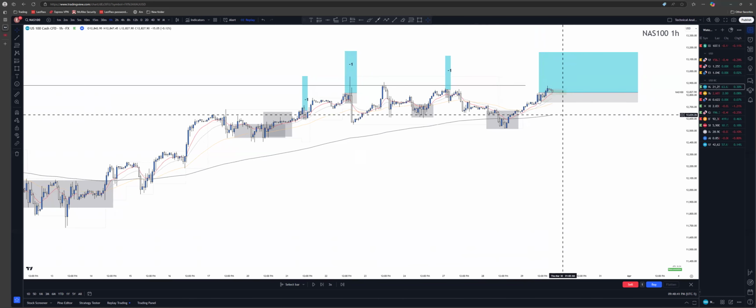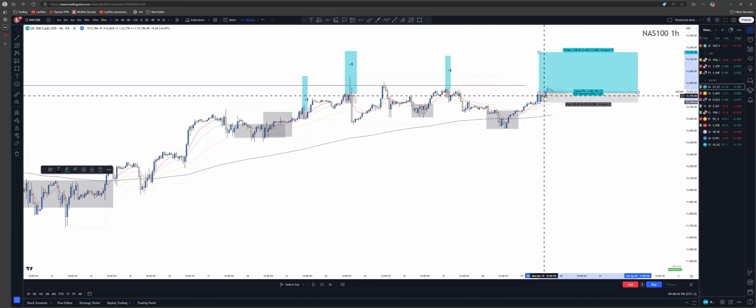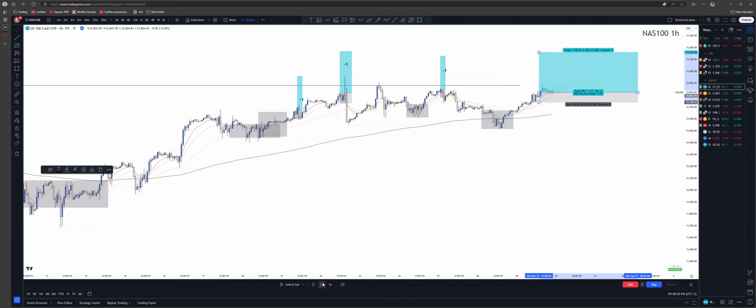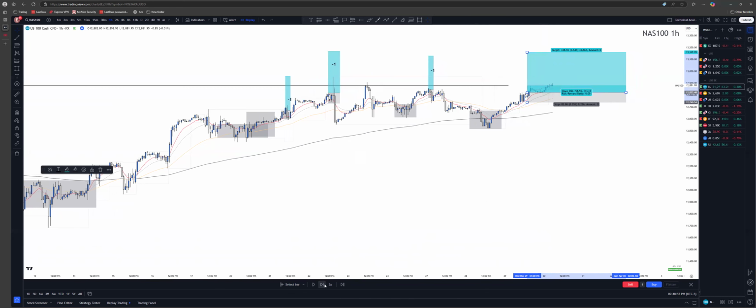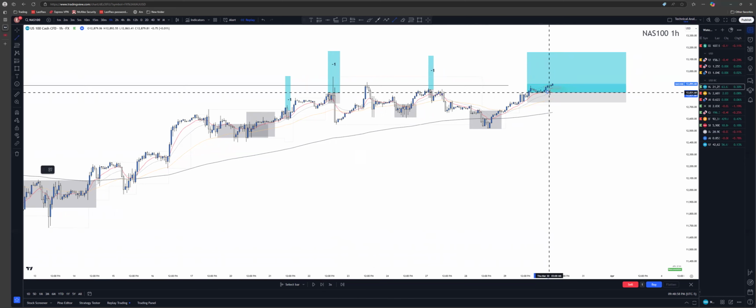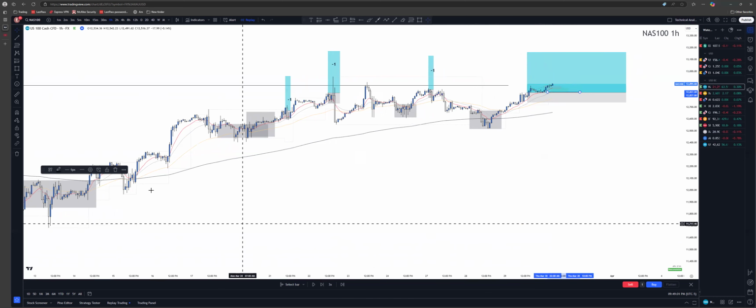Okay, so if this high right here can be broken, right here, we'll look to move it back to break even. Okay, the high was broken, and we can move our stop to break even.